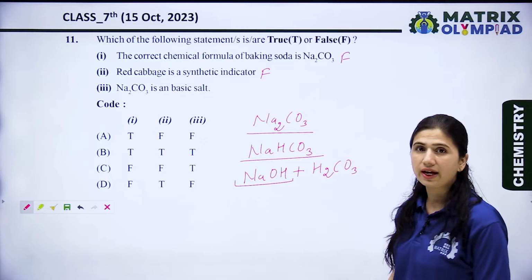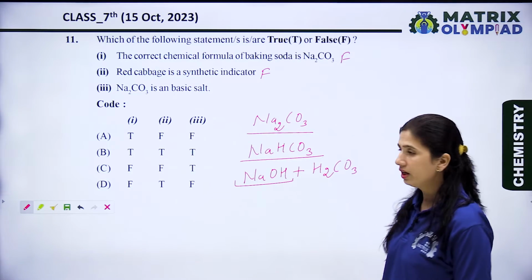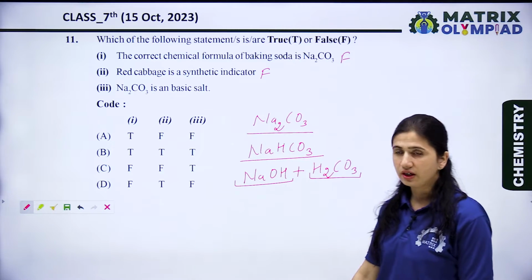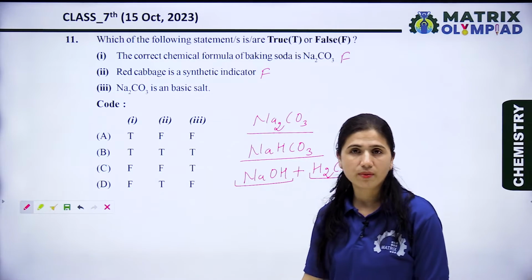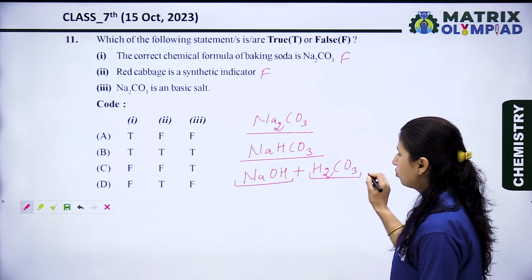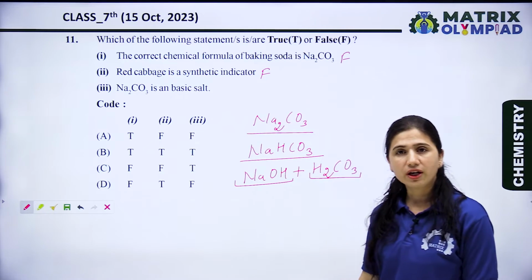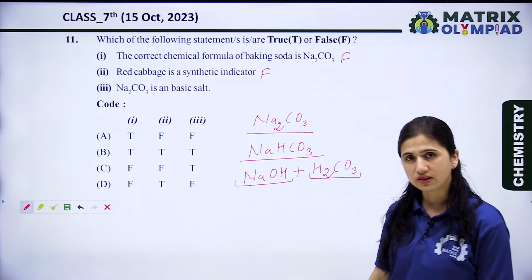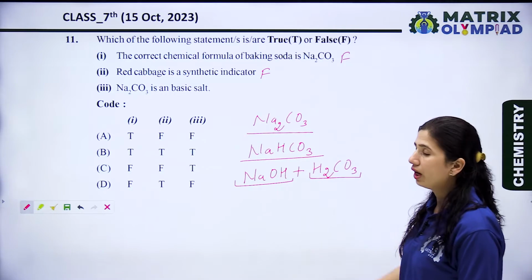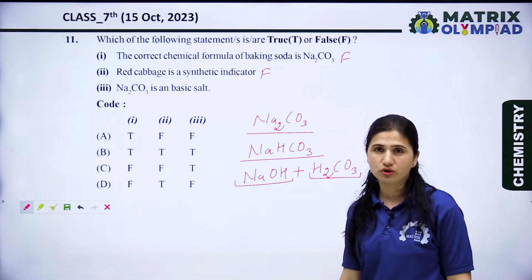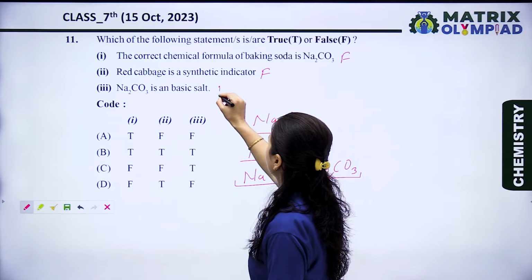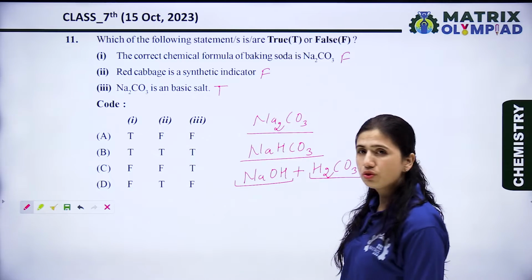NaOH is sodium hydroxide, which is a strong base, and H2CO3 is carbonic acid, which is a weak acid. So when a strong base combines with a weak acid, it forms a basic solution. So Na2CO3 is a basic salt, and this is a true statement.